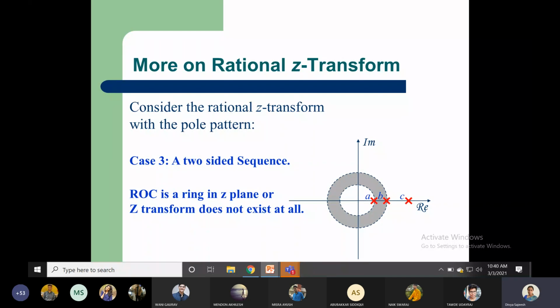The other case can be z greater than B and z less than A. In that case we don't have a common area, so for such a case the Z transform does not exist at all.